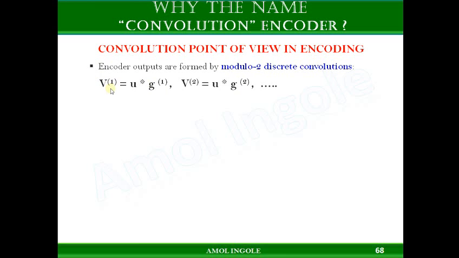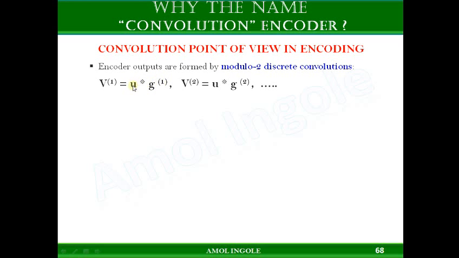That means if a certain convolution encoder is having two outputs, V1 and V2, this output V1 can be obtained by convolving the input bit stream U with the generator sequence G1.